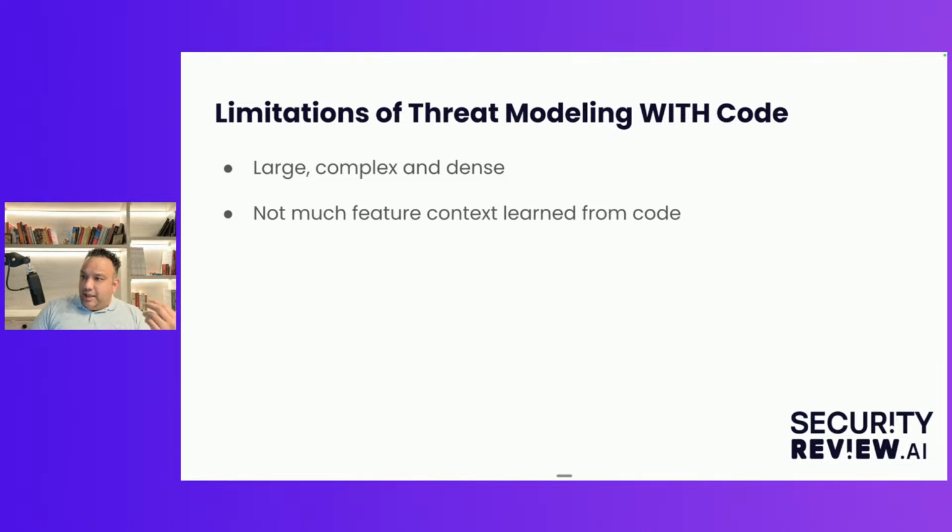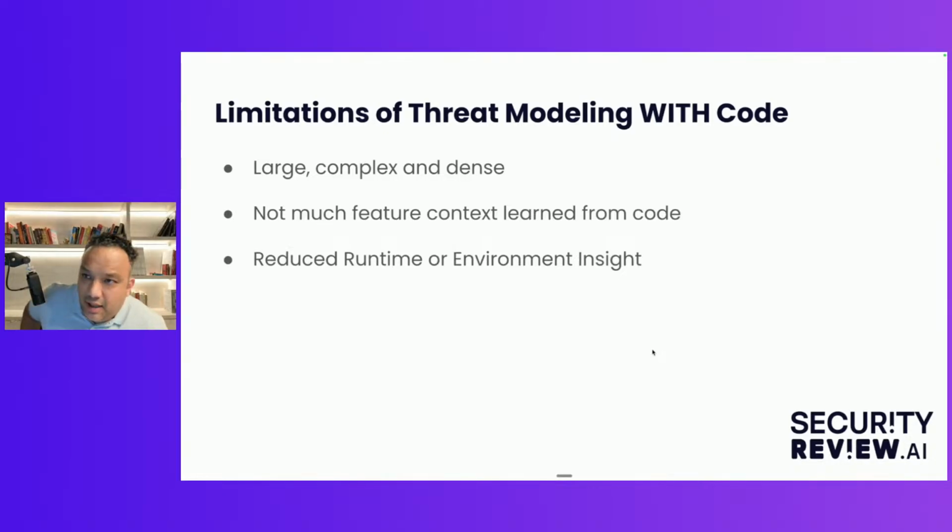But that's something that you have to contend with, right? You have to contend with it because source code gives you quite a bit more value on the other side. So on cost versus benefit, source code definitely wins because it gives you the implementation. It also does not always give you runtime or environment insight. Now, this may happen or may not happen.